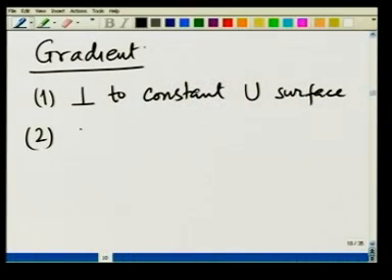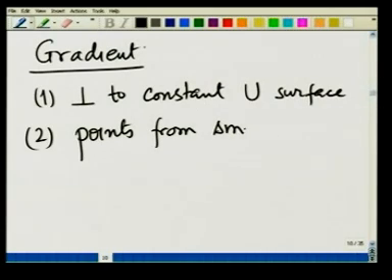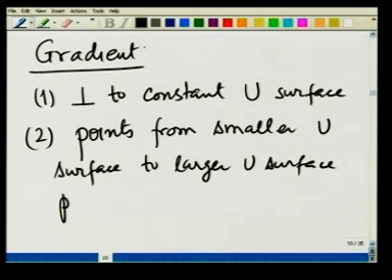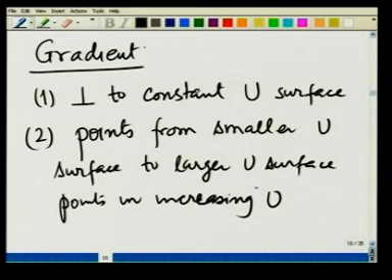Number two, points from smaller u surface to larger u surface, or in short, points in increasing u direction.